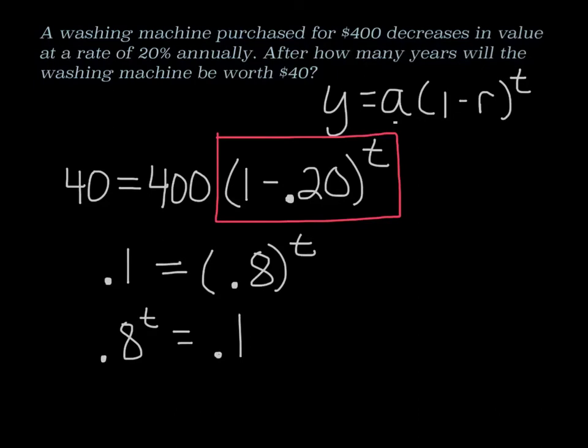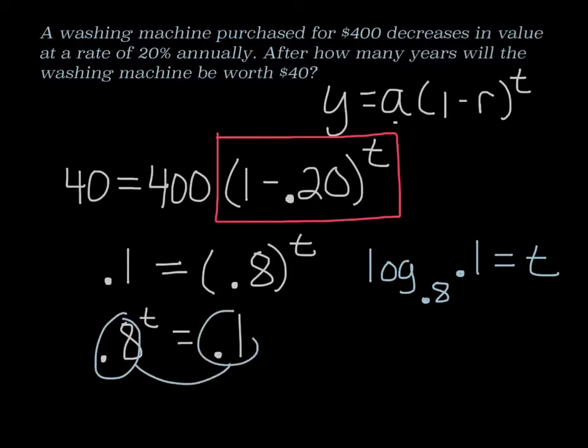So that we have it in Ben form, base to the exponent equals number, and then change it to a logarithm. Log base 0.8 of 0.1 equals t, right? Log base this of this equals this. So this can be punched in your calculator, and you will get t equals 10.319 years.